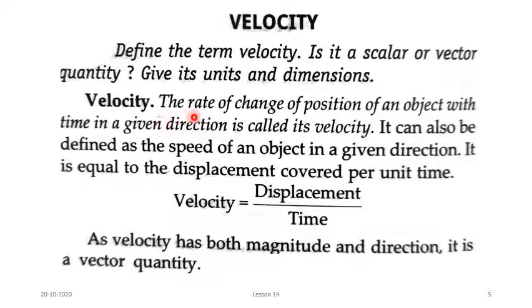Now what is velocity? Velocity is the rate of change of position. How fast is the position of the object changing with respect to time in a given direction. Put your focus here, in given direction. That means we have to specify the direction also. It can also be defined as speed of an object in a given direction.